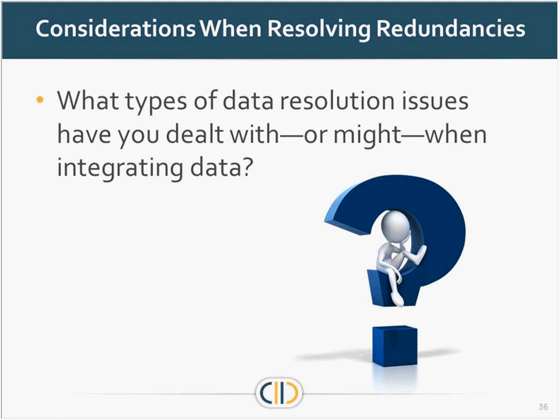On a project I was working on in Washington State, we realized we had to go back to the drawing board on the source systems and resolve those data issues at that level before we could even consider doing data integration. So that was kind of an eye-opener.